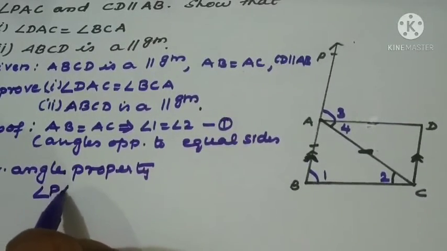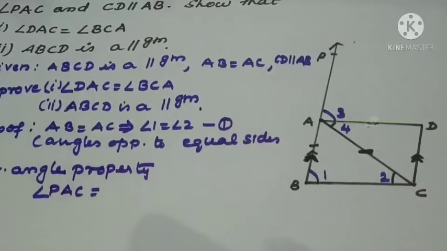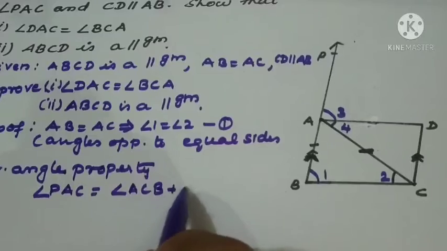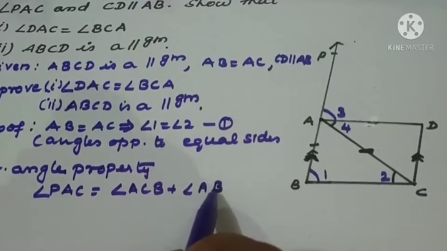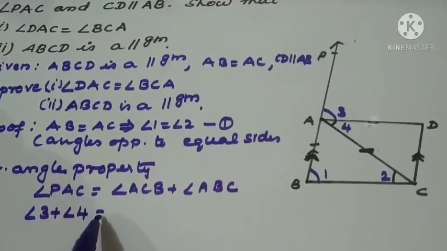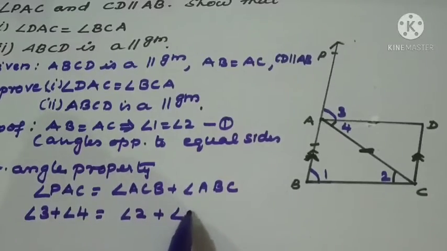Angle PAC equal to angle ACB plus angle ABC. PAC means angle 3 plus 4. ACB means angle 2 and angle 1.